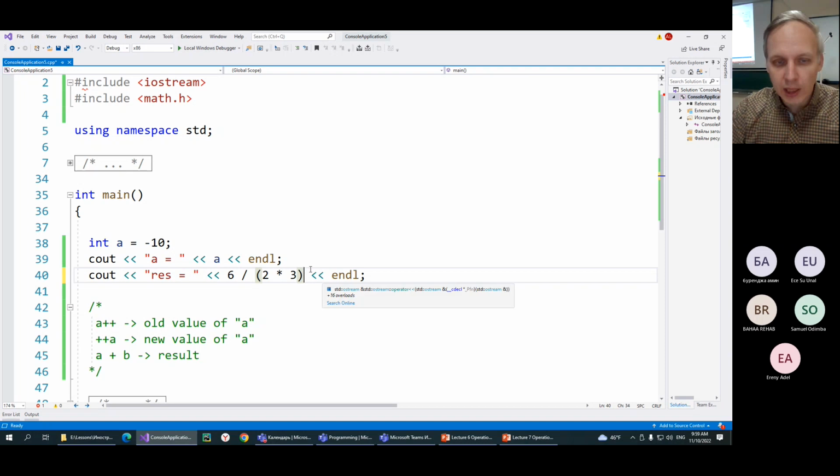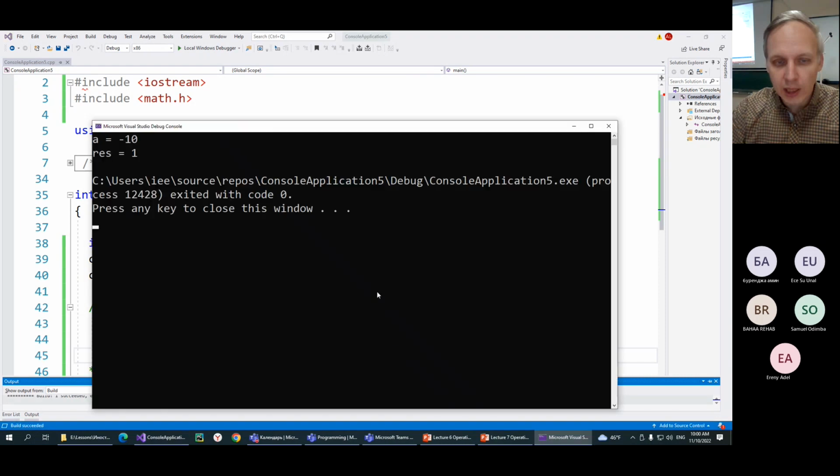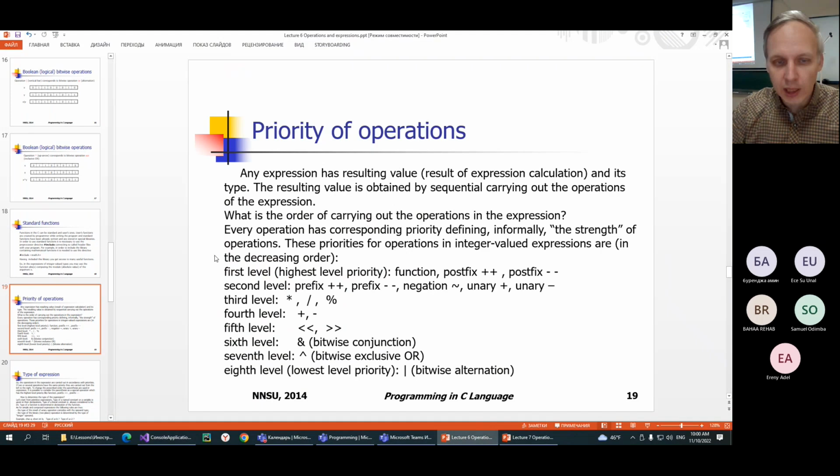And in this case, this operation will be first, and the result will be 1. Well, the priorities of the operations are written here, but it also includes shift and bitwise operations. We will consider them later.